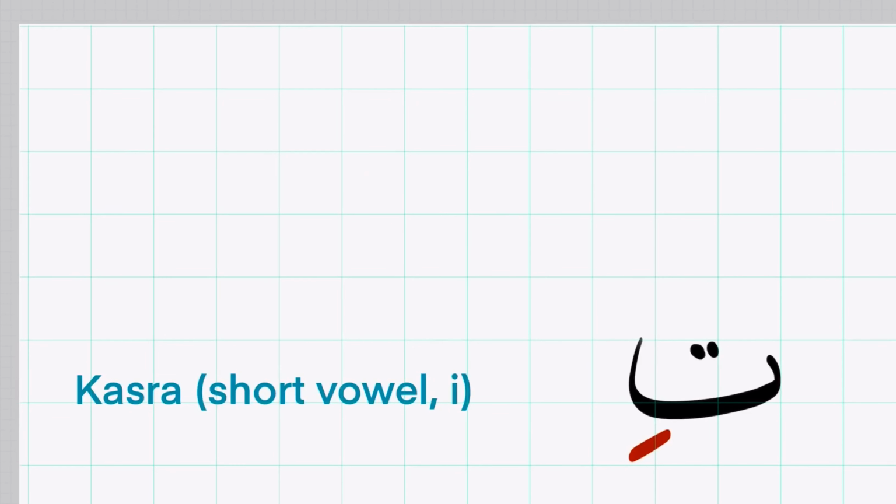Try to figure it out. Ti. How would it look in the middle of the word with the kasra? Ti. What about the end of a word when it's connected to a letter before?